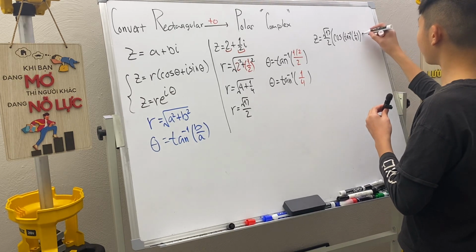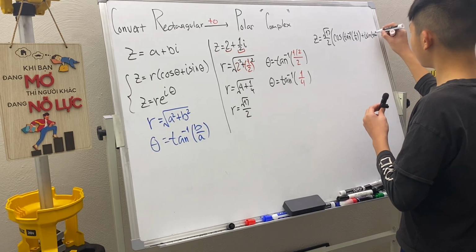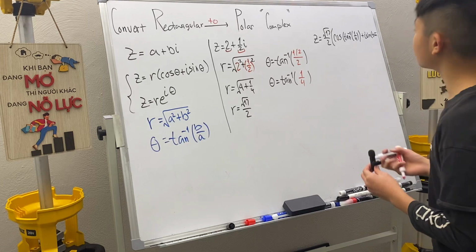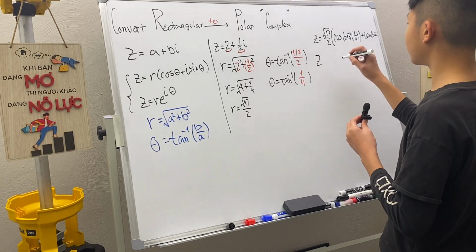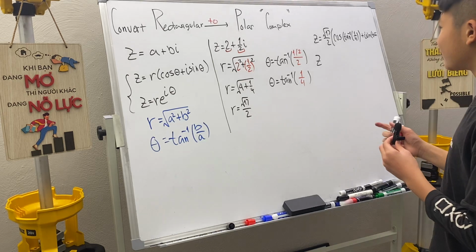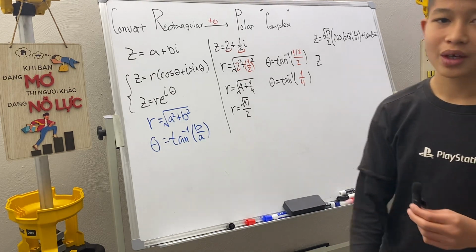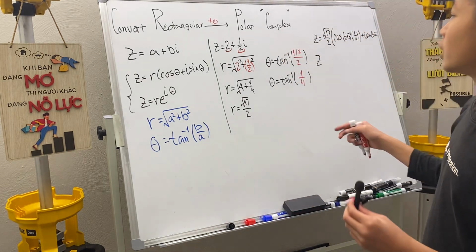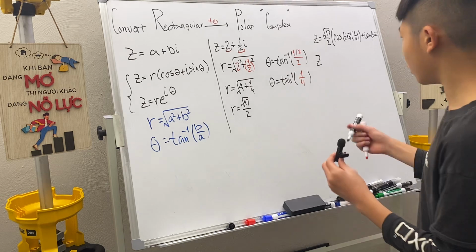Oh my god, I don't think I have enough space. This is really long, but I'll leave it to you guys. You know what to do, right? Still, I can write the Euler form.